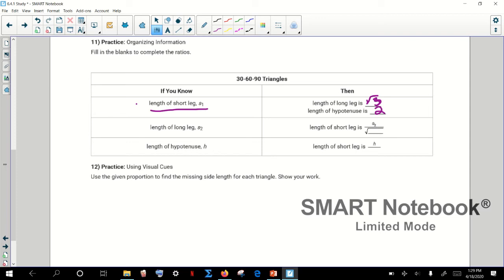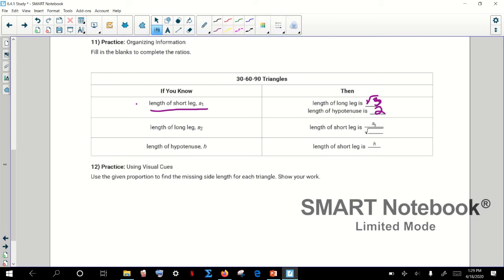What if we're given the length of the long side? If we're given the long side, that means the length of the short side is whatever the long side is divided by square root of 3. And then from there, if you find the short side, I'm going to erase that, that looks terrible.